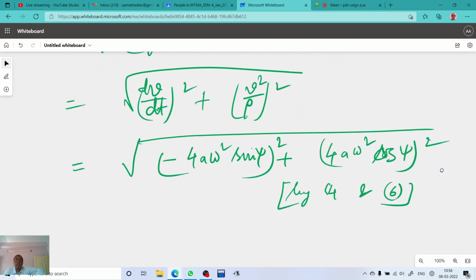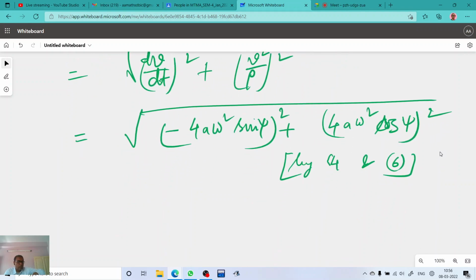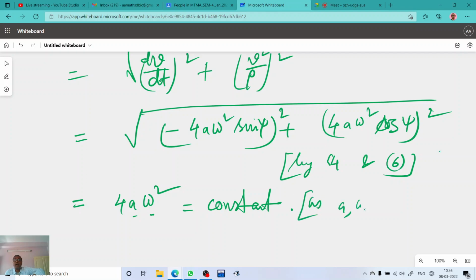So after simplification, you get sine square plus cos square equal to 1, and so we get the result 4a omega square. Here a is constant, omega is constant, so this total is as a whole constant, as a and omega are constants.